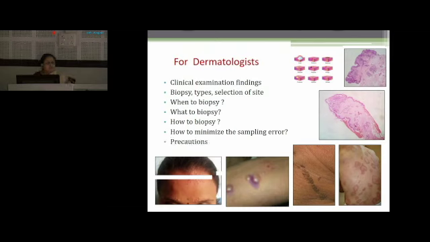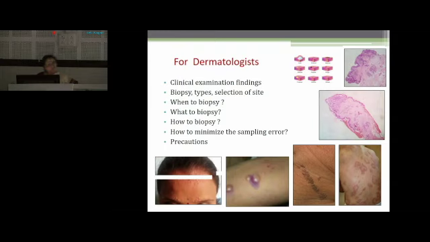In general, the earliest lesion showing maximum fully advanced changes should be chosen for biopsy. Tiny lesions less than 4 millimeters and early vesicles should be sampled intact.